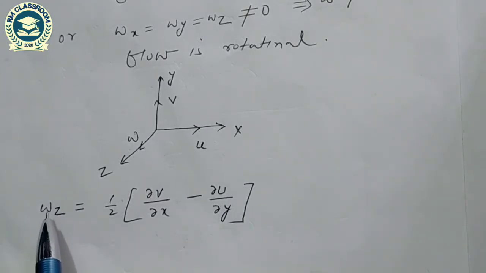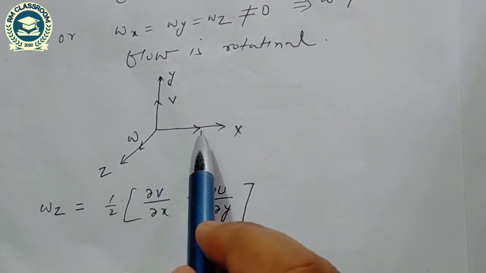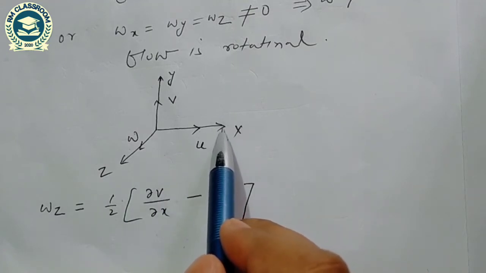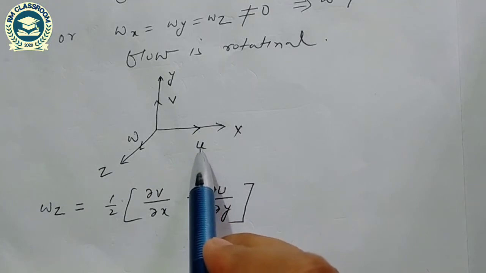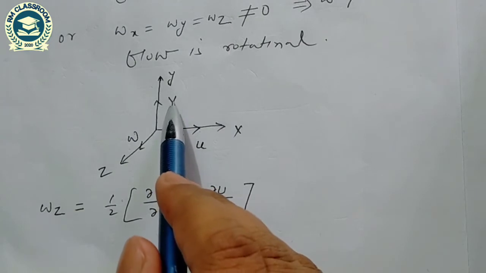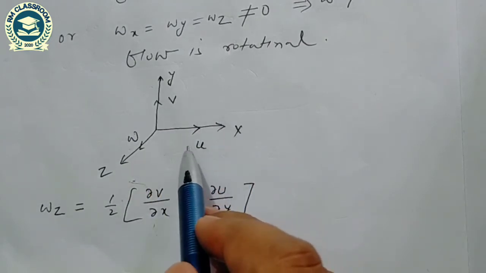If you want to write the rotational component in z direction, z you have to consider. After that, after z it is coming x, so the velocity component in x direction you don't have to consider, and after x it is coming y, so del v by del x is considered.